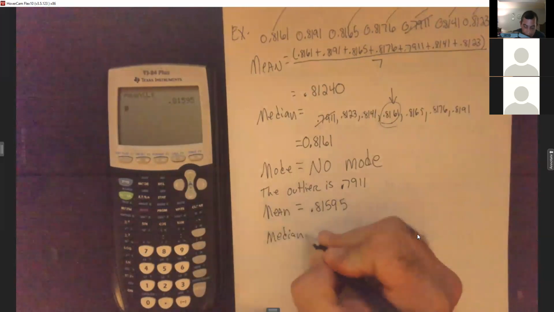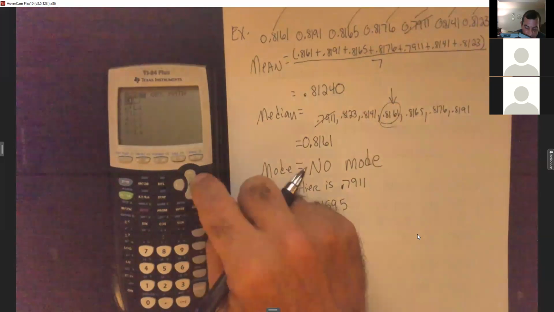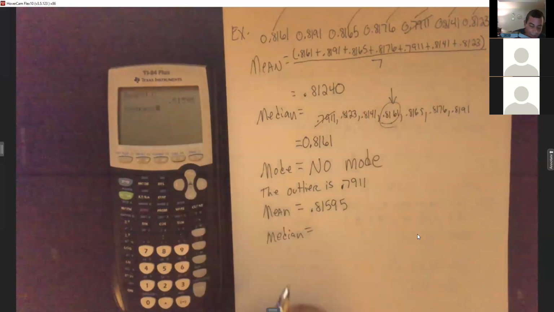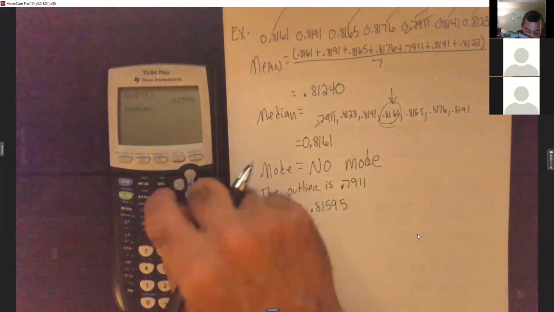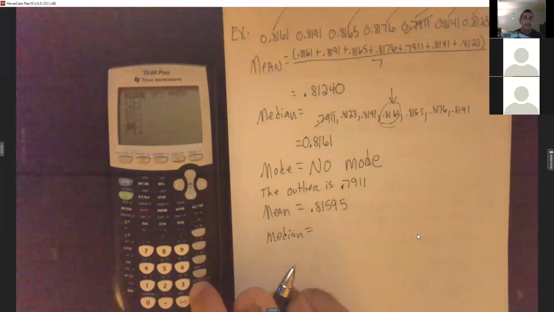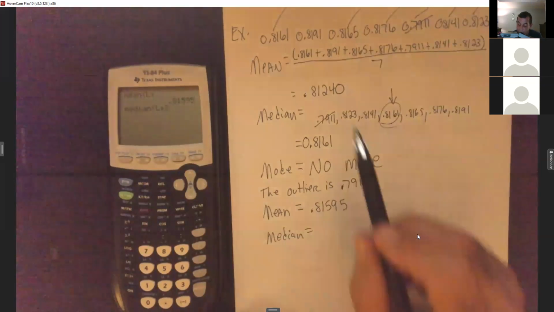All right, let me see what my median is. So once again, I go to second stat, over to math, go down to median and hit enter. And then second stat, go to L5 because that's where my data is. Now remember, if you're doing this by hand, you would take that one out to find your median.